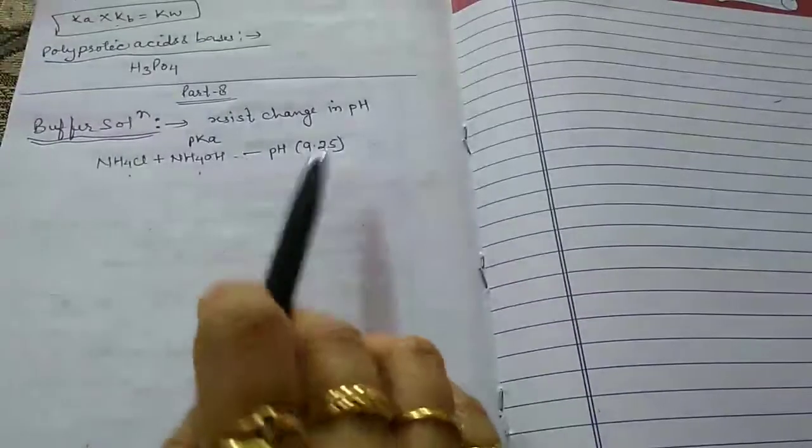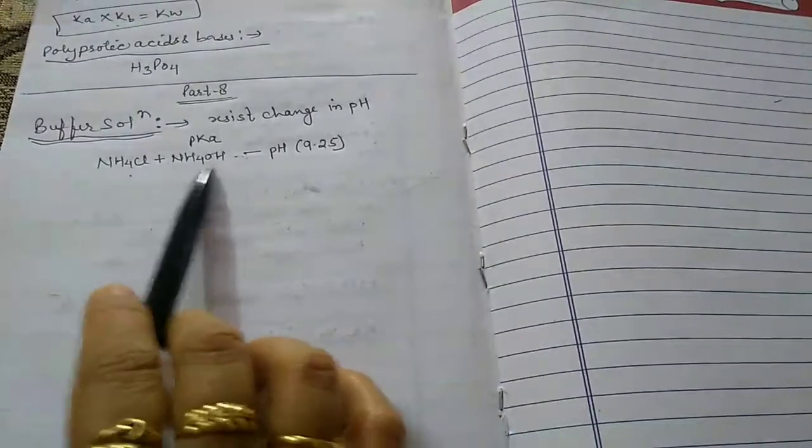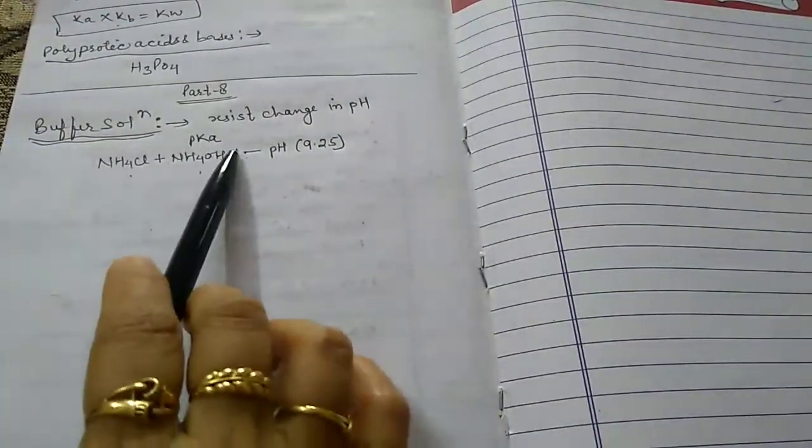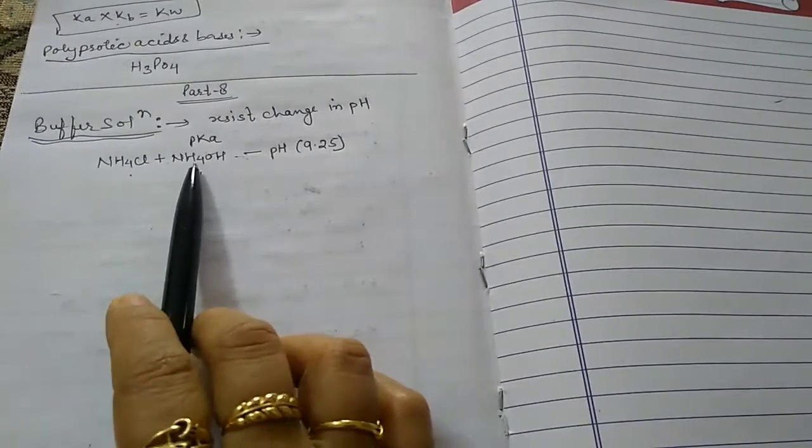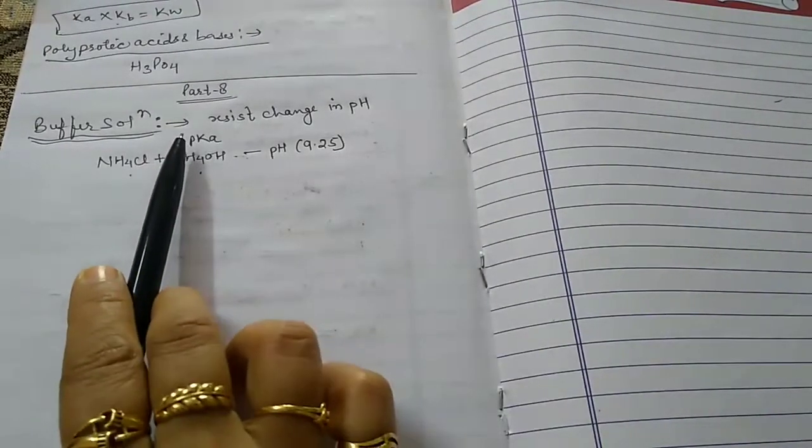So at the pH of 9.25, the mixture of ammonium chloride and ammonium hydroxide acts as a buffer solution.